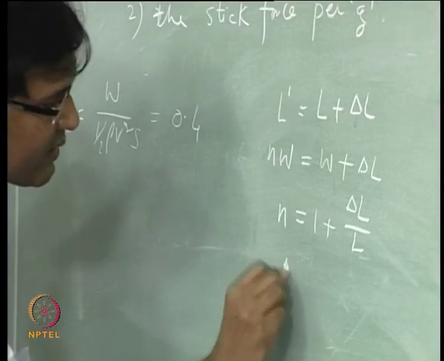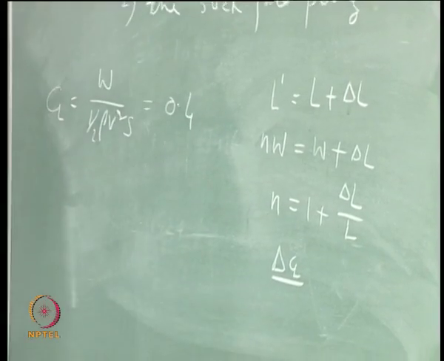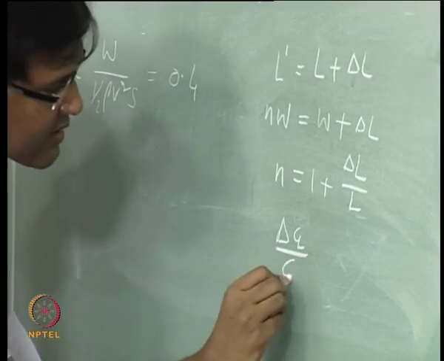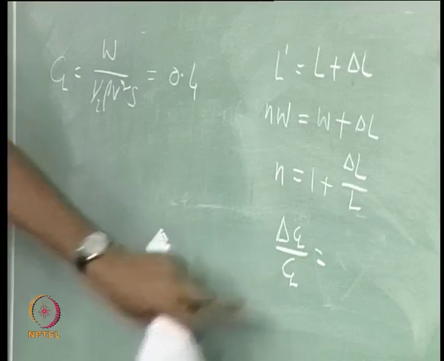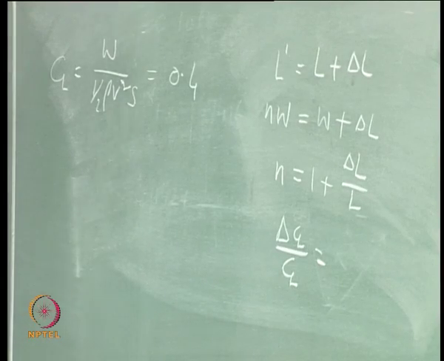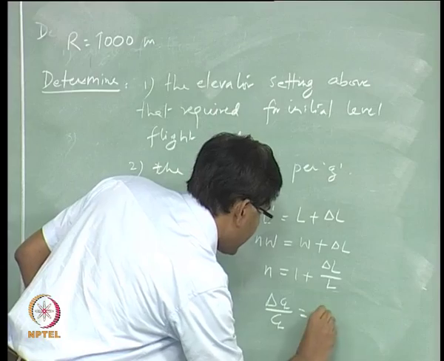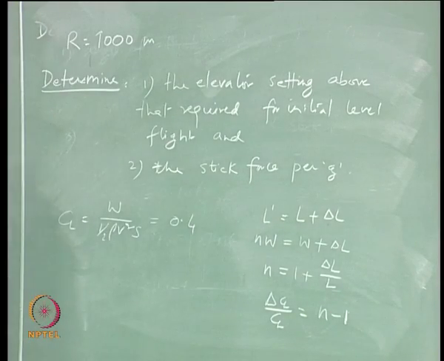So, delta CL that we need, right, to pull this maneuver is related to this CL, which is at the level flight condition, and like this, right.